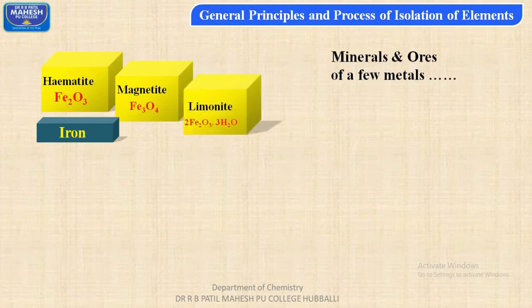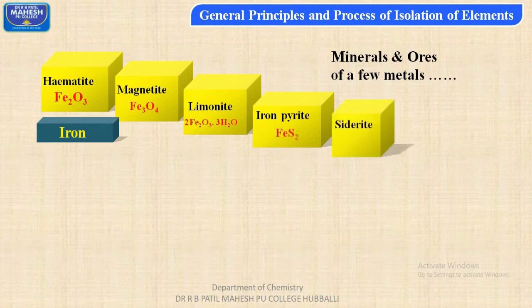Limonite, that is ferric oxide trihydrate. Iron pyrites, FeS2. And the fifth one, siderite, that is ferrous carbonate. So we are having 5 different minerals of iron. Among these, hematite is an ore of iron.